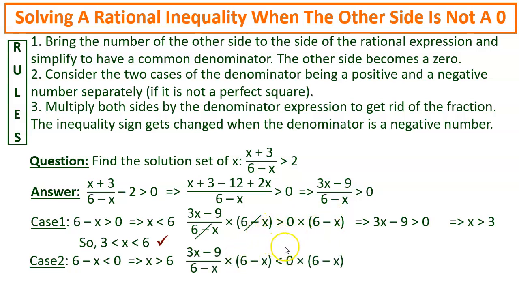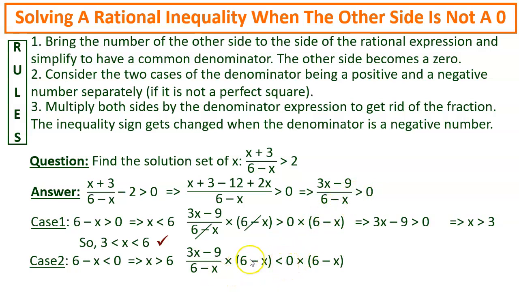But you see, since we are multiplying with a negative number, this time we are considering 6 minus x as a negative number, the greater than sign is getting changed to less than sign. The inequality sign is getting changed in this case.